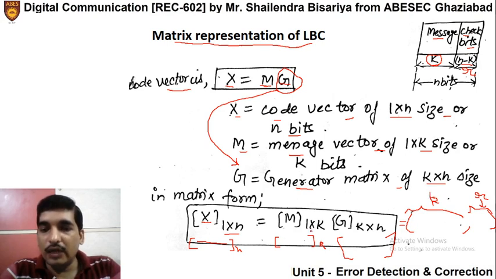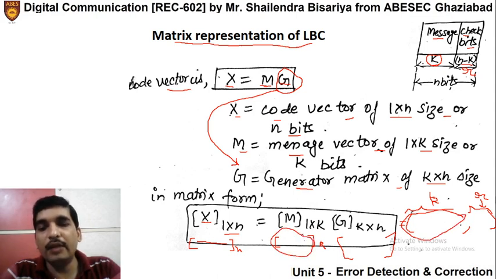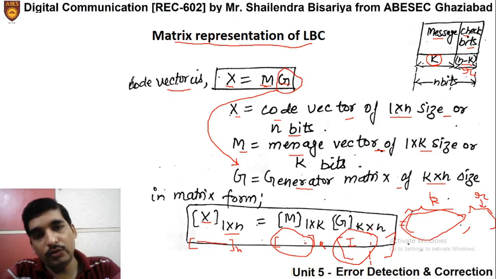So we should multiply this matrix with a matrix such that we get these k values initially as they are. The message is already known to us, so we should multiply it with what? We should divide it first, and this portion should be an identity matrix. So when we multiply it with the identity matrix we get the same values. That means we will get the same code word as we want.